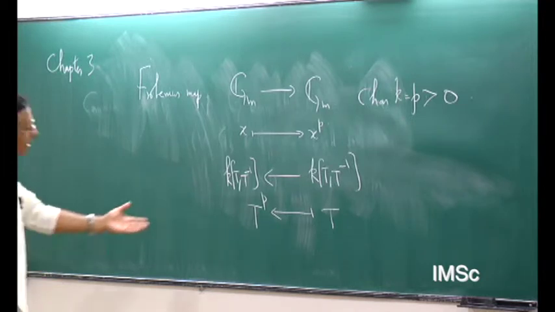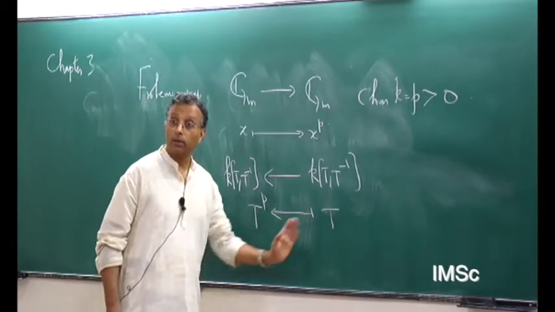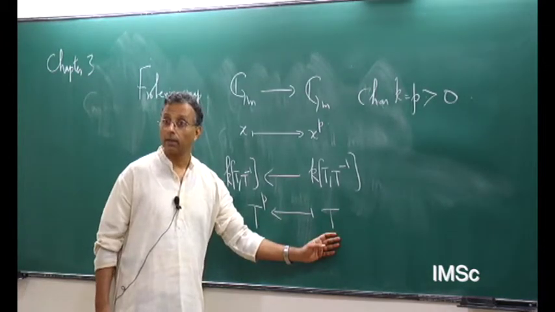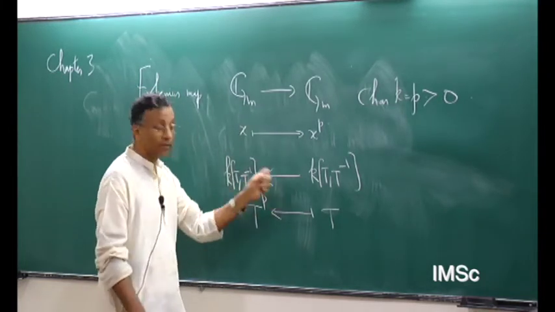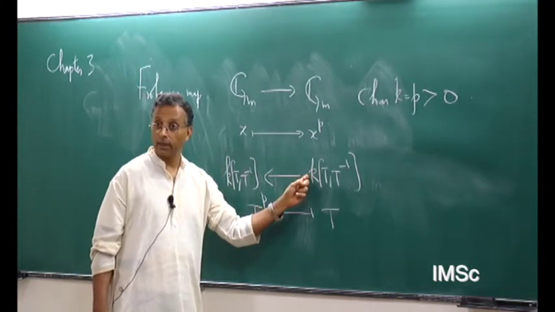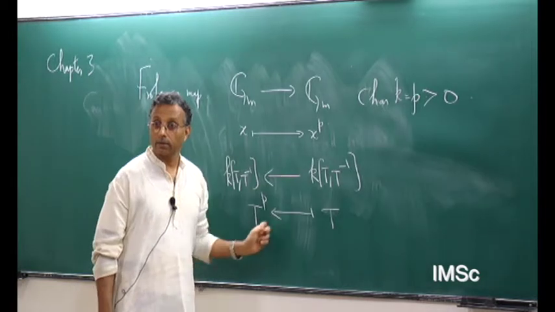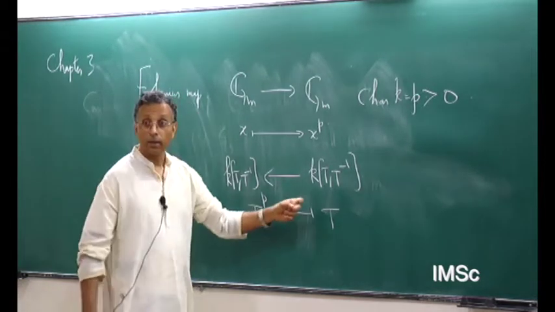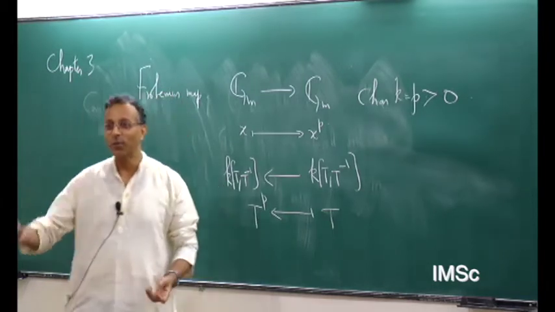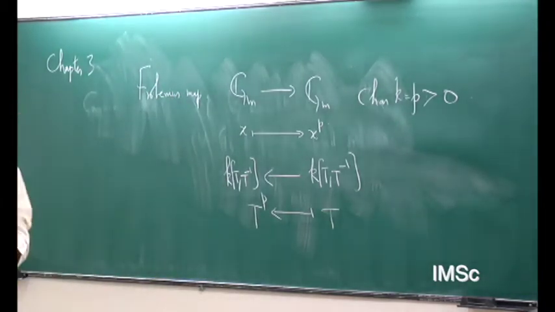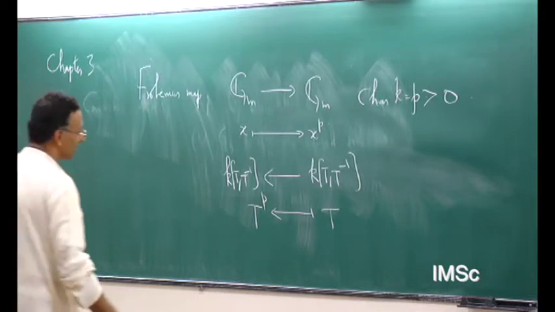But this does not have an inverse. If this map had an inverse, there would be an inverse in this direction. But T to the p going to T to the 1 over p is not possible.